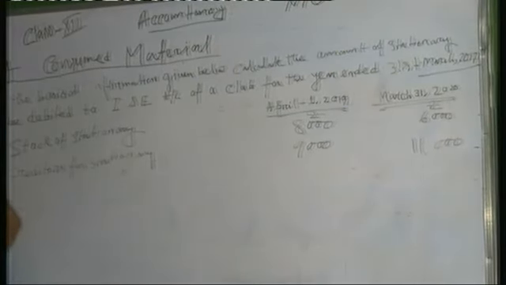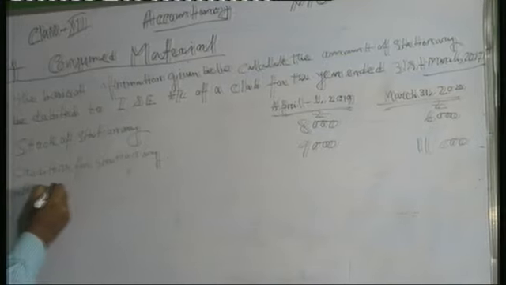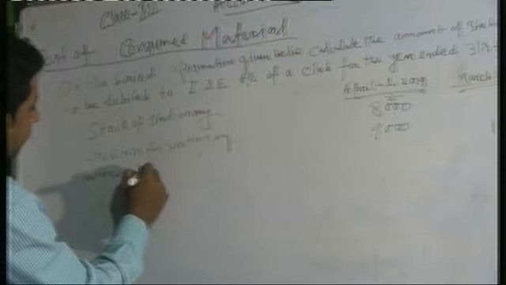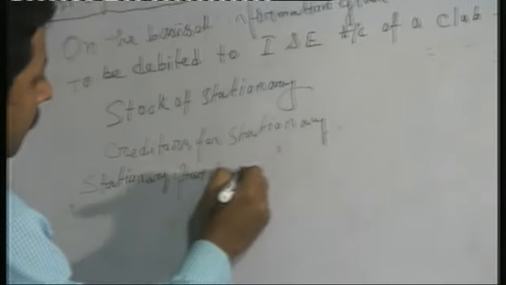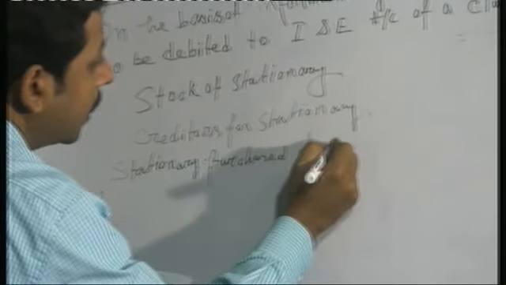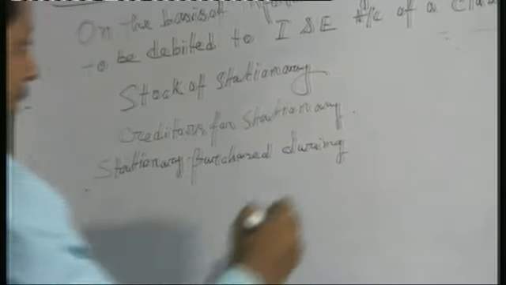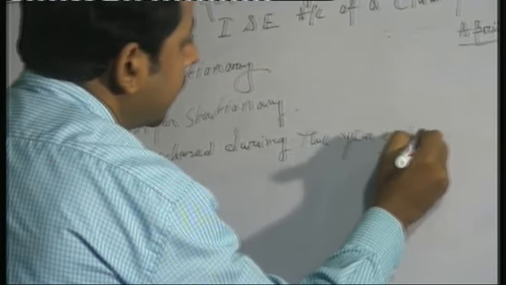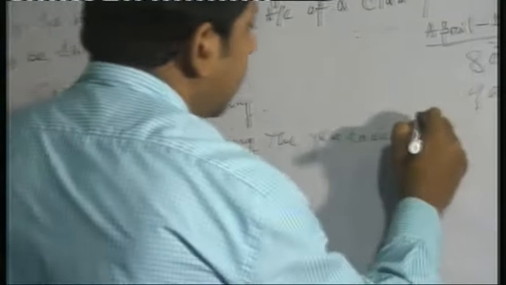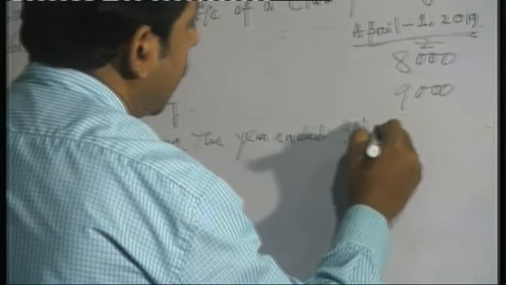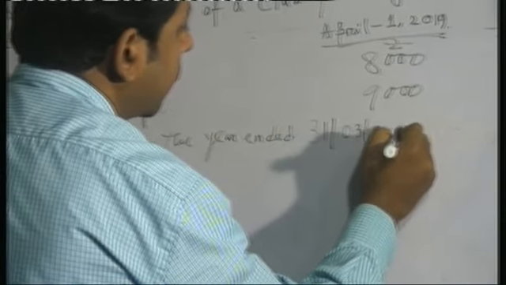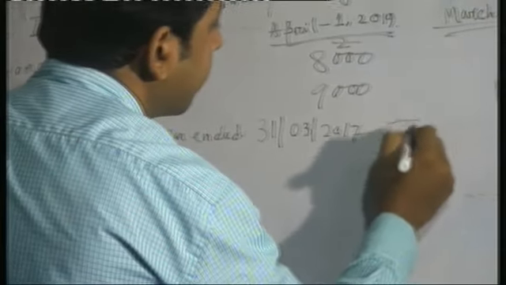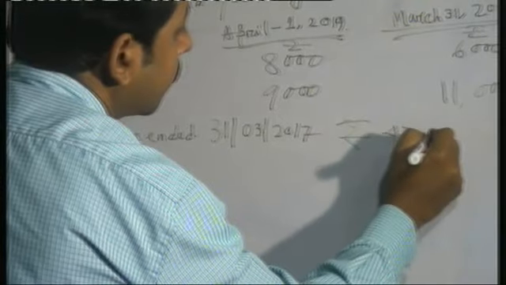Now, there is also one more piece of information given. Stationery purchased during the year ended 31/3/2017, rupees 47,000.